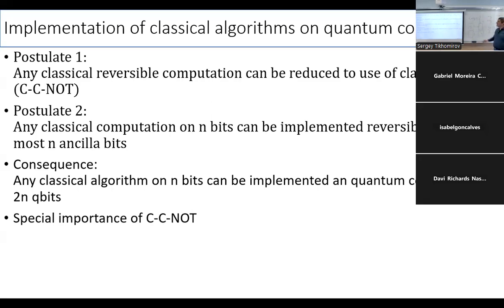And combining those two postulates, the most important gate is XOR. The most important gate here is controlled NOT, which is equivalent to XOR. So any classical algorithm can be decomposed into a combination of controlled NOT.